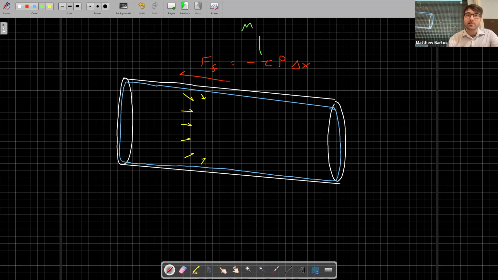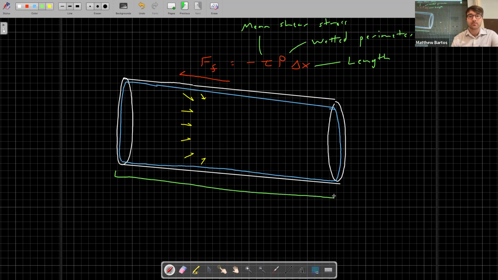This tau is the mean shear stress. P is the wetted perimeter, i.e. the perimeter over which the shear stress is being applied, and delta X is the length of our control volume. This length is delta X.